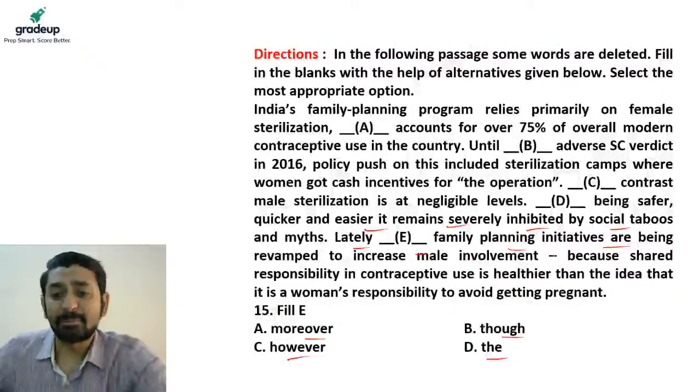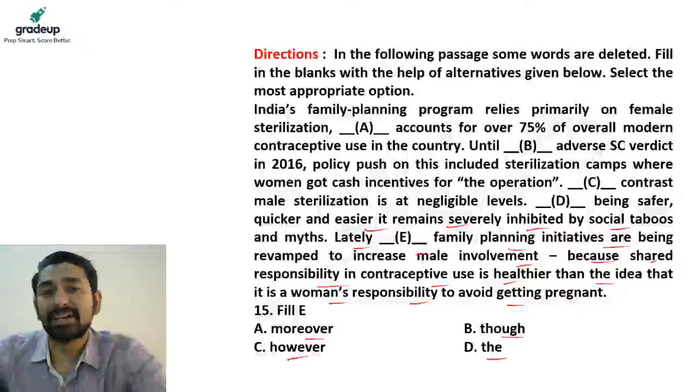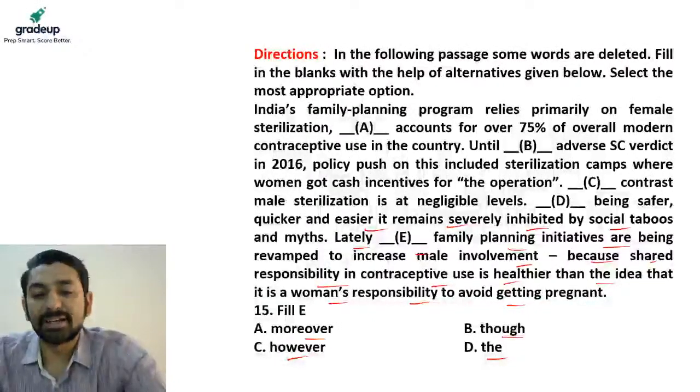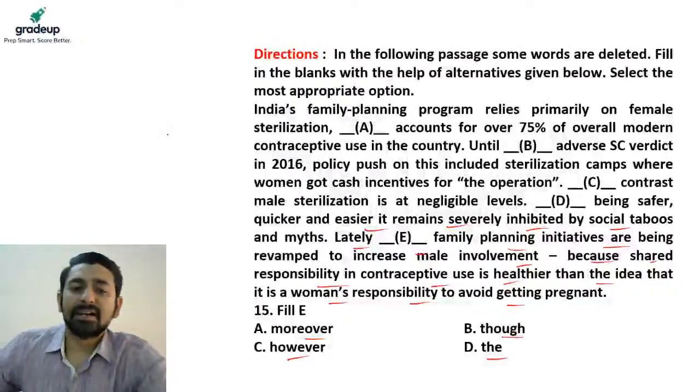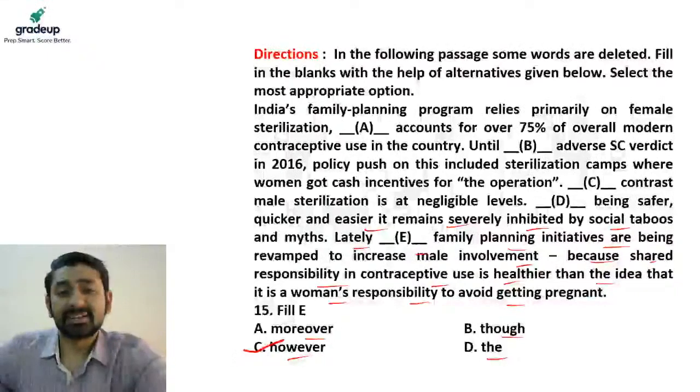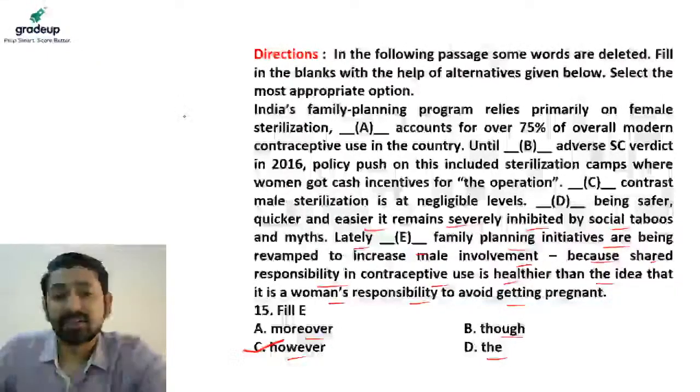Lately, dash family planning initiatives are being revamped to increase male involvement because shared responsibility in contraceptive use is healthier than the idea that it is a woman's responsibility to avoid getting pregnant. Guys, you would basically put however here. The correct answer for this one is C.